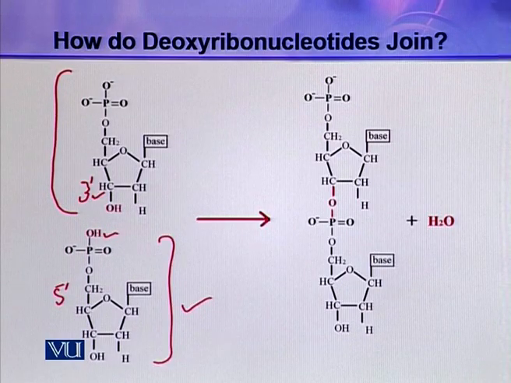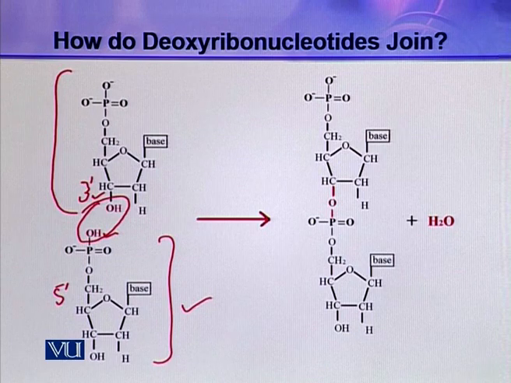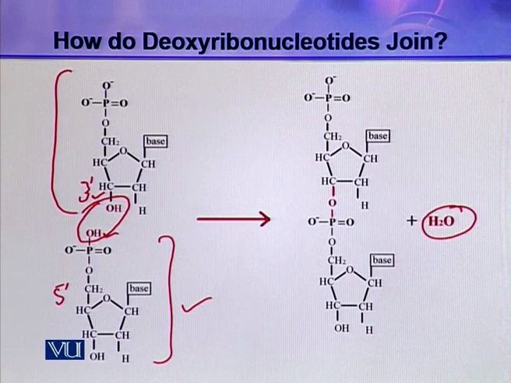So these two hydroxyl groups combine together, a water molecule is eliminated, and an ester linkage is established. Again, this is an ester linkage because this is an organic acid and this is an alcoholic group, and when an organic acid and an alcoholic group react, they form an ester linkage.